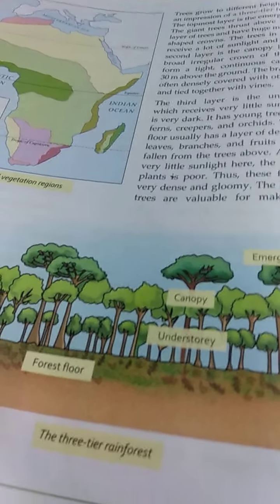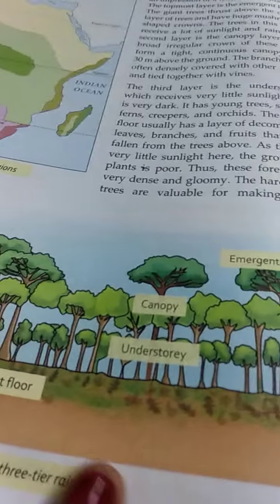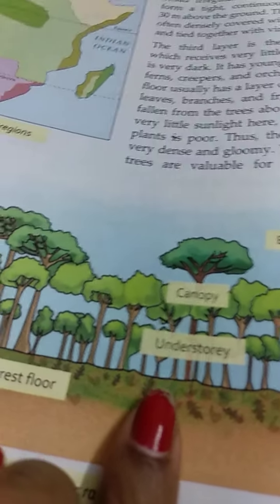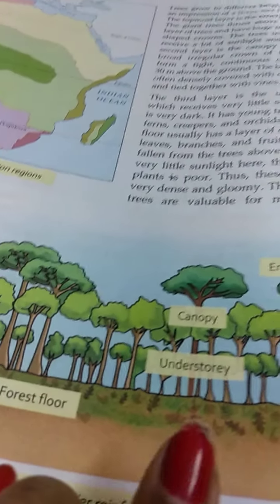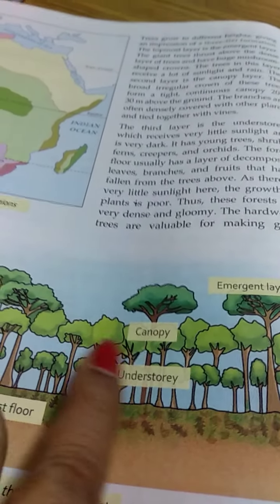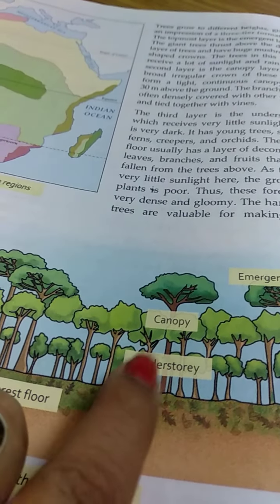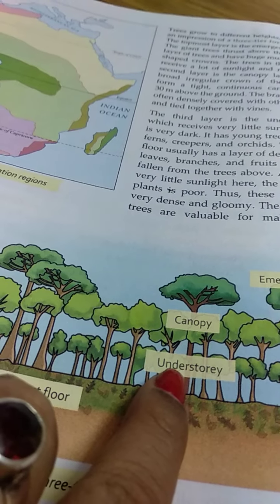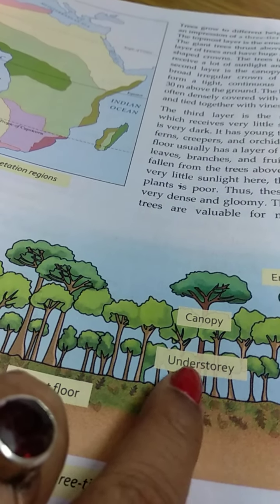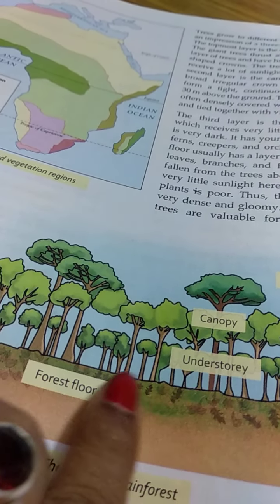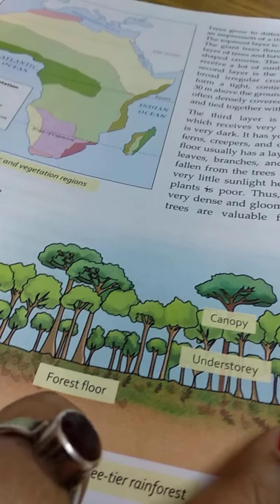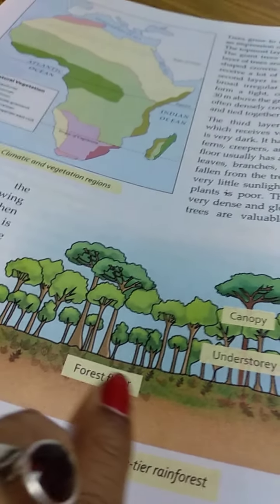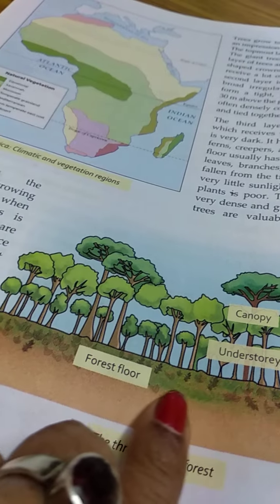The third layer is the understory, which receives very little sunlight, and it remains dark because the canopy does not allow sunlight to enter. As there is very little sunlight here, the growth of the plants is very little. At the bottom, there are young shrub trees, creepers, ferns and orchids.